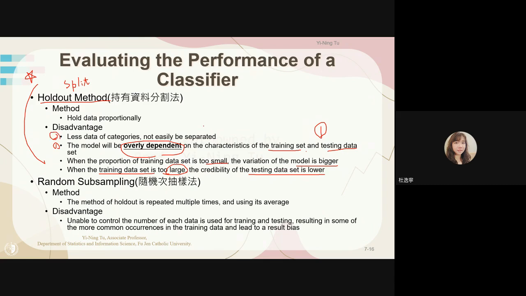It means a category may have larger data and less data, 对吧？在一个类别里面，是不是会有资料笔数比较大的群跟资料笔数比较少的类别？少的不容易被分出来，这是原因二。原因三，when the training data set 太小的话，变异会很大, the variation of the model is bigger. 第四点，如果你 training data set 太大的话，那么你的 test data set 的可信度就会低。所以这四点我会考，very very important.